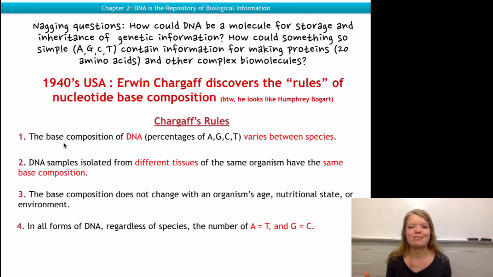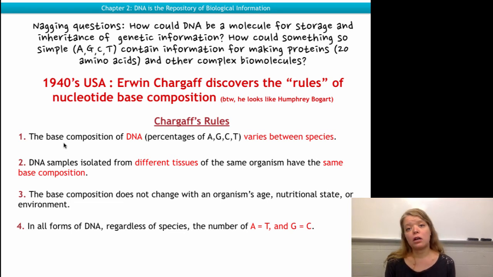That's what makes us different. Because our genes are slightly different at certain levels, we will have different amounts of A's and T's and G's and C's incorporated into our DNA. Some organisms have a GC-rich genome, some organisms have an AT-rich genome.